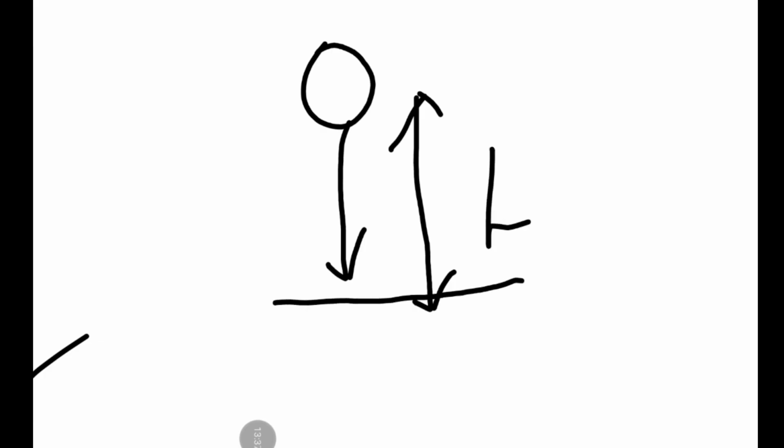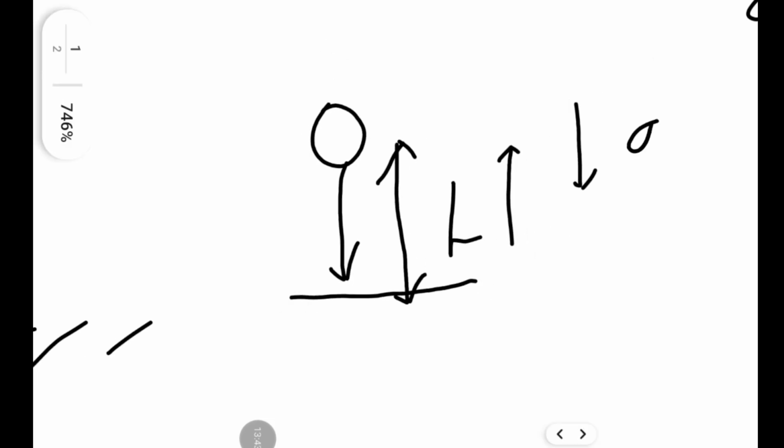I'll show you why. Let's say we have the ball here and it's fallen down, right? So it's h. If the ground's there, then h is going upwards. We're resolving upwards there. We know gravity is going downwards always.